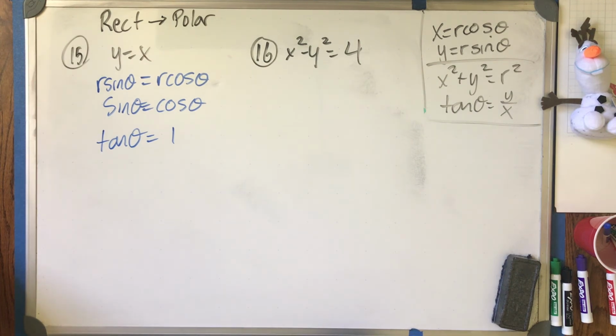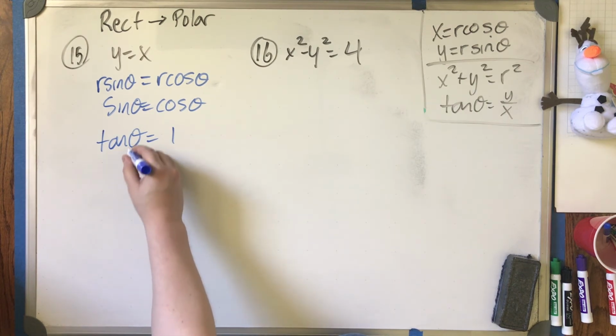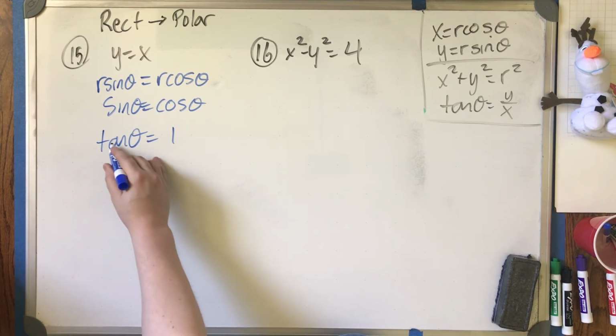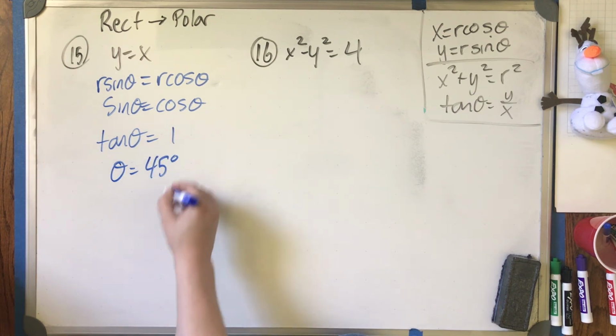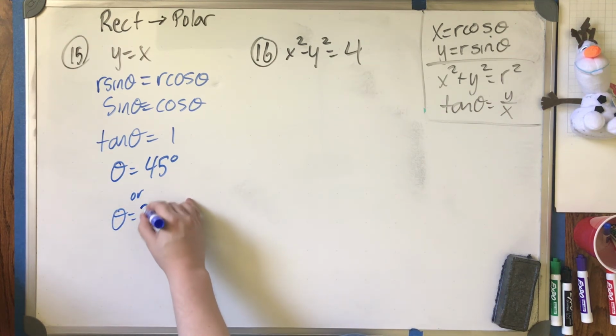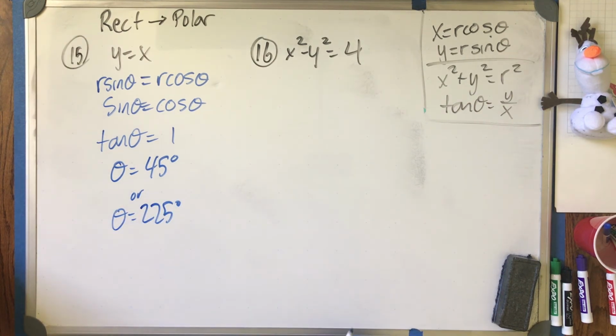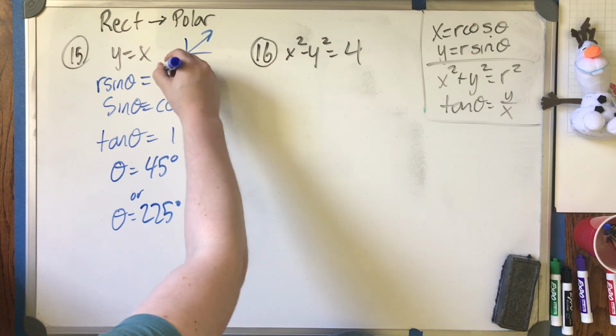So we could technically leave it this way. This technically works. But what we would actually do is go the next step further, which is solve for what this theta value would be. So if tangent equals positive 1, then theta either equals 45 degrees, or we could say that theta equals 225. And this should kind of make sense. If I were to graph x equals y, it's a line that goes like that, right?